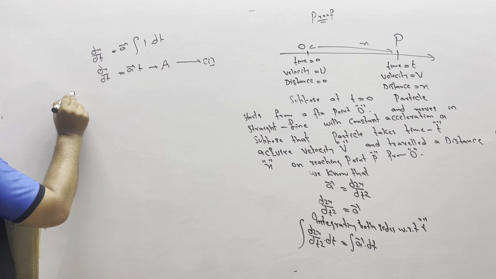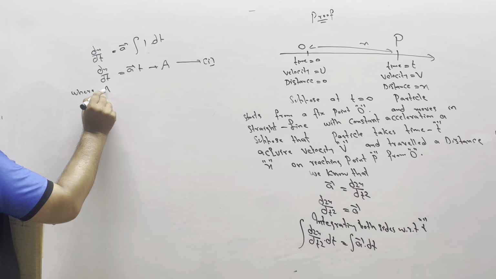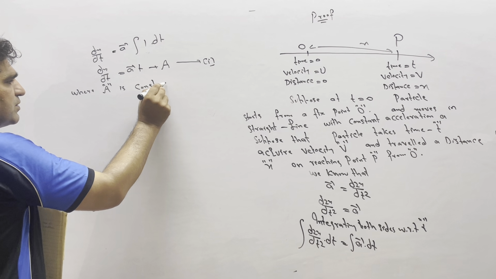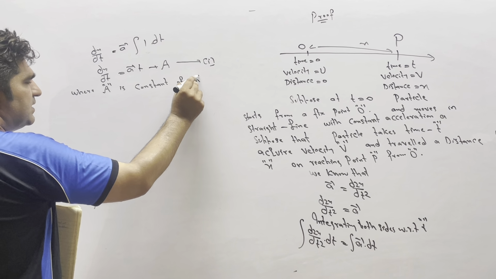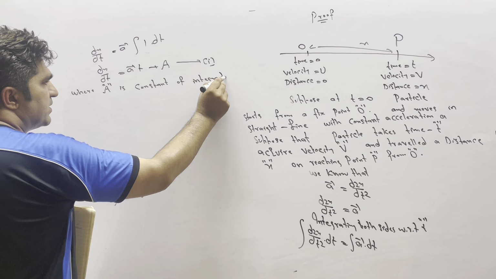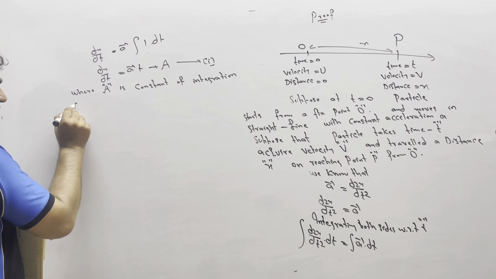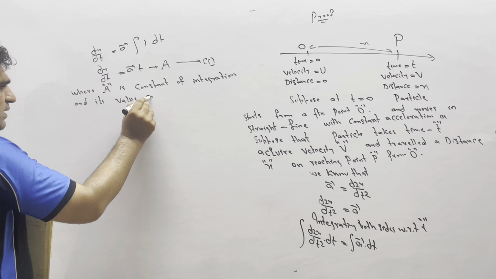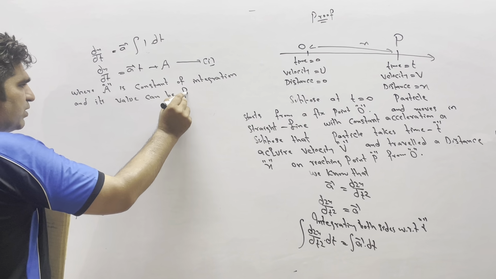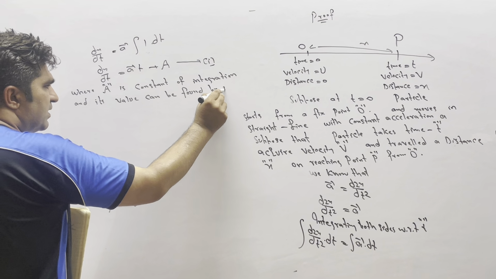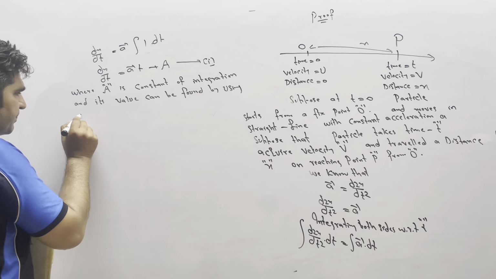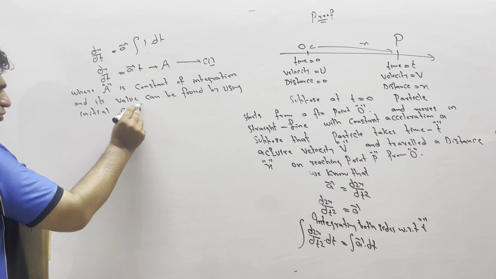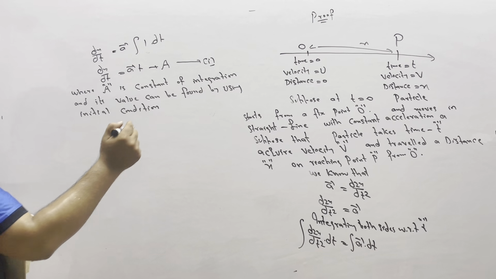I will say where capital A is a constant of integration, and its value can be found by using initial conditions. Okay, what are the initial conditions?